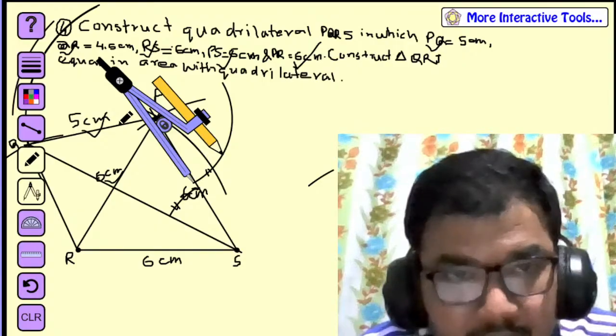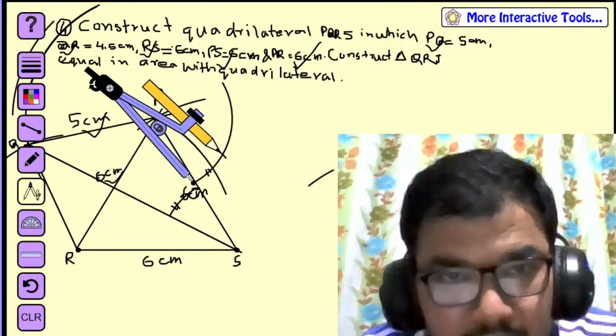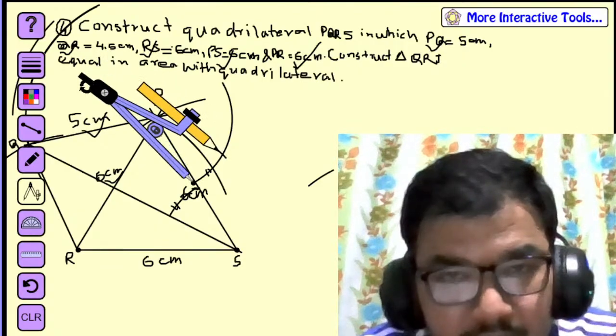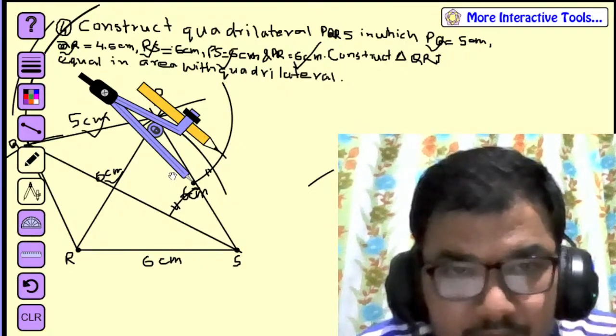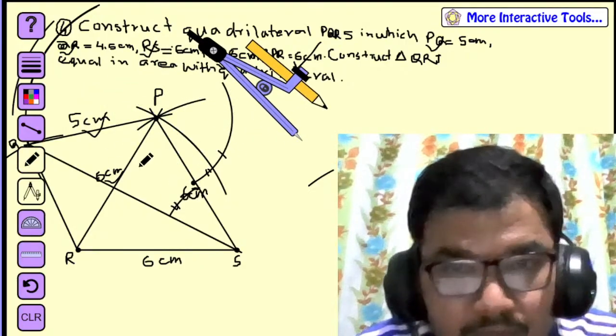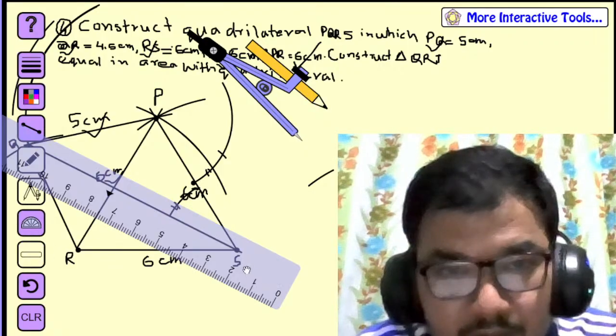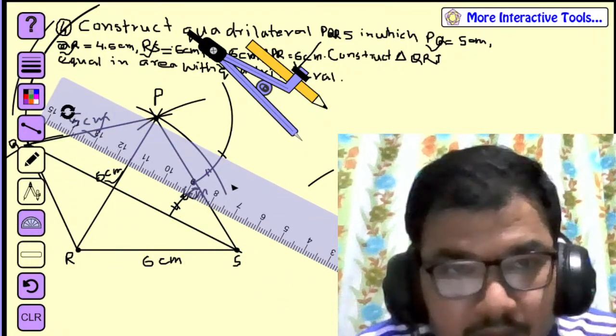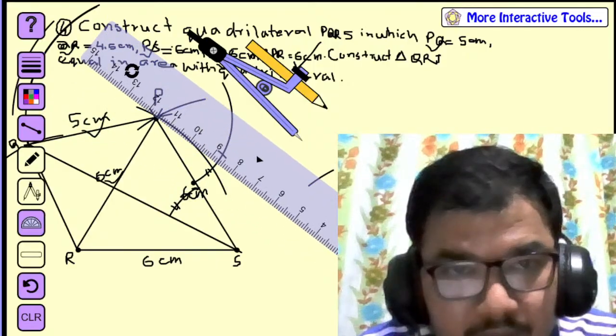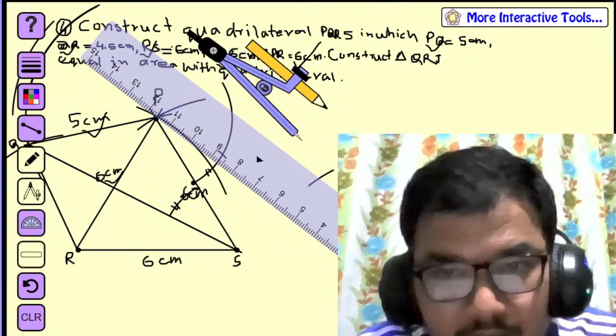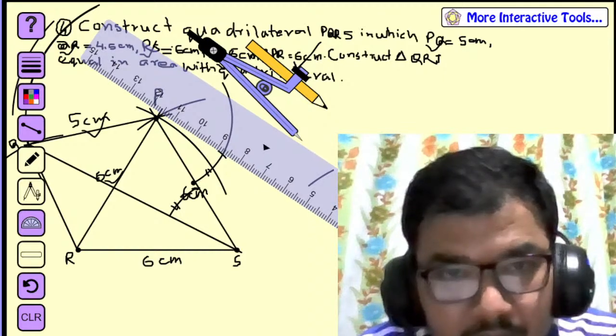Okay, and cut this arc like this. Okay, cutting like this, cut. And now for this one we have to join with the help of the ruler. Okay, like this, put the ruler like this. Okay, here, and like this here.